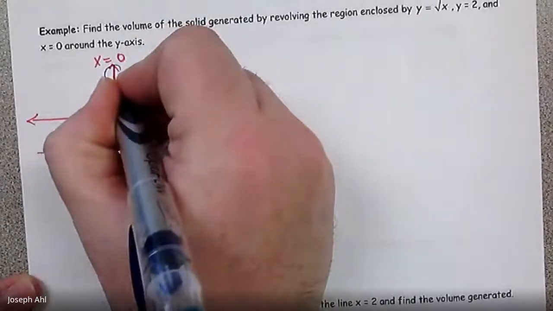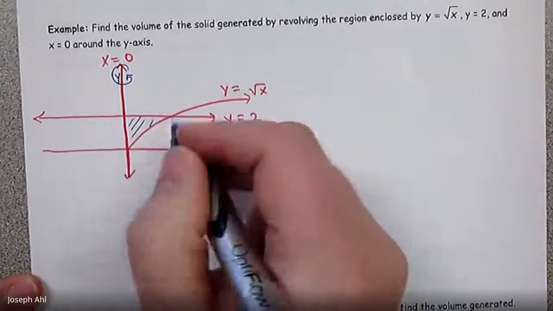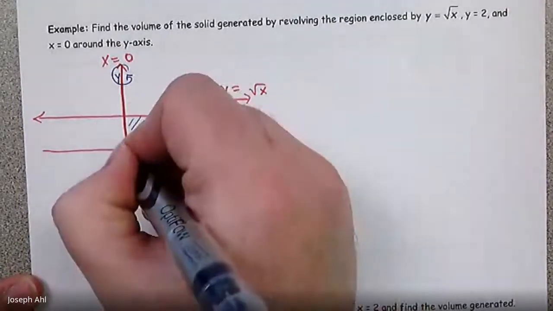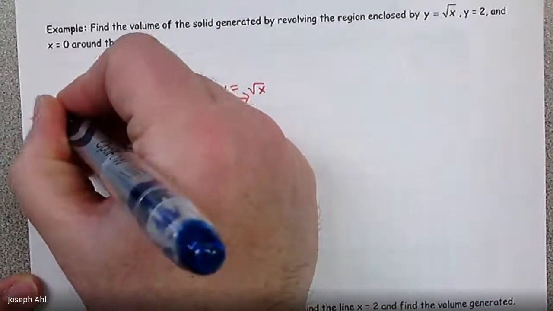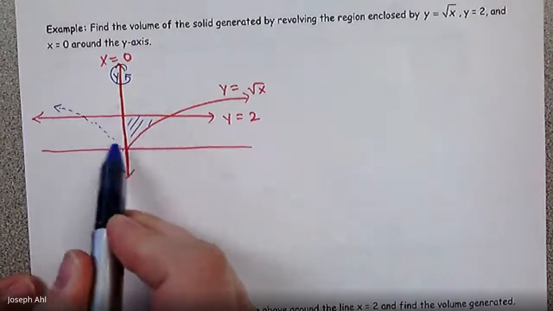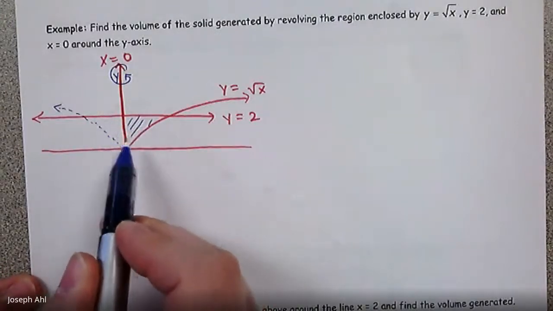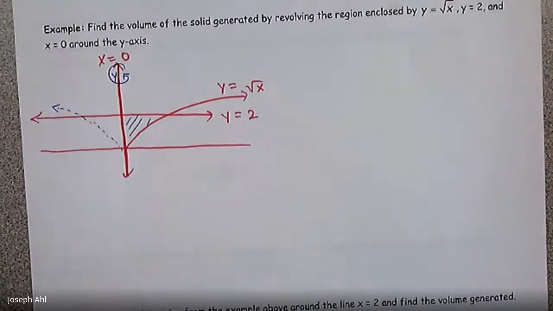So we're going to spin it around that way. You can imagine that if I spin this around, this curve y equals radical x is going to have a repeated curve over here. And the disks in question would be these circular regions going across through the y-axis there.